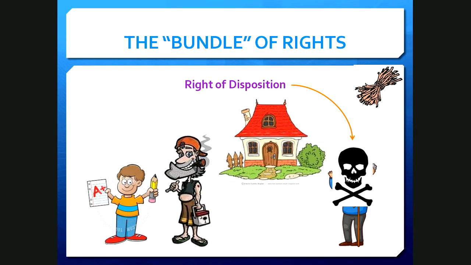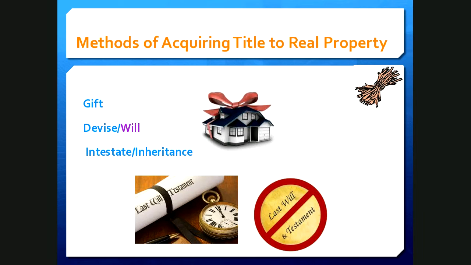Now he can do this. He has this right to give it away or dispose of the property during his lifetime or at death. So remember when we talked in part 2, we learned about a gift or devise and intestacy. And I told you those things were important, they would carry forward.